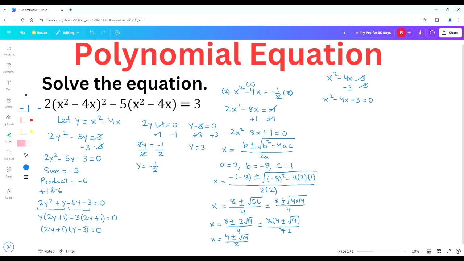We cannot factor this equation, so we have to use the quadratic formula to solve this equation. In this equation, a is equal to 1, b is equal to -4, and c is equal to -3. Now we can sub in these values in the quadratic formula.